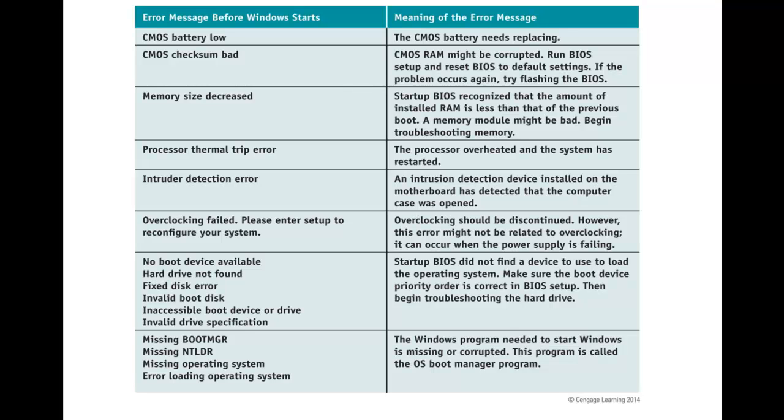This might indicate that a memory module has gone bad, so you need to shut down everything and troubleshoot your memory slots and your memory sticks. So here's a variety of error messages you might see during the boot of your system. Now if the Windows Boot Manager program has problems loading Windows, you might see a different set of messages displayed.